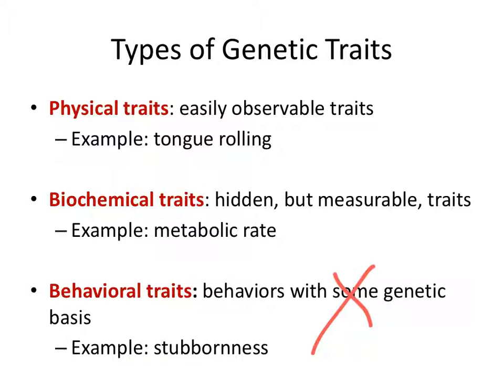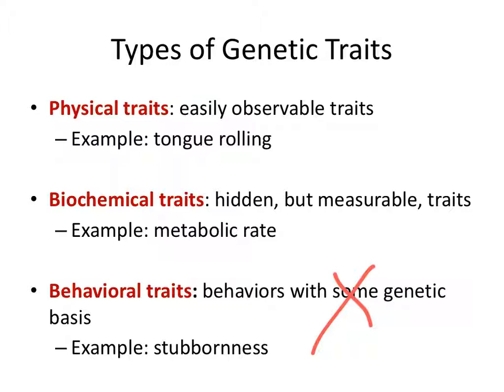Now, physical traits can either be invariant or variant. They are easily observable traits: hair color, how tall you are, how fast you can run, all these kinds of things.